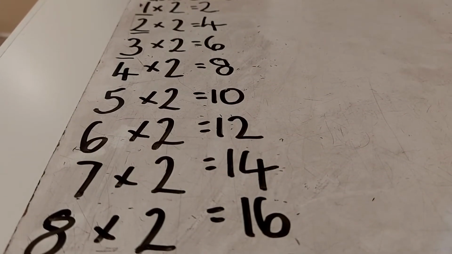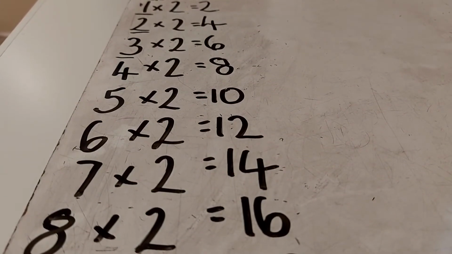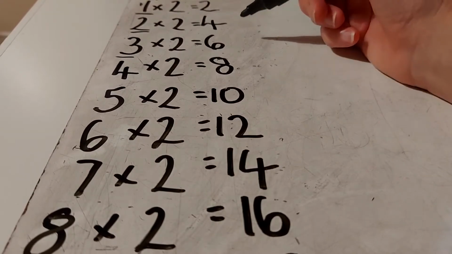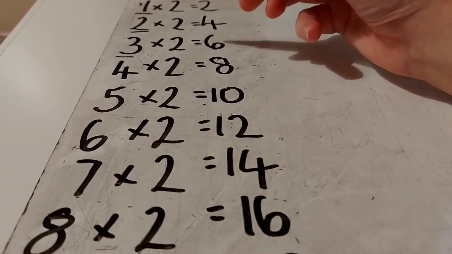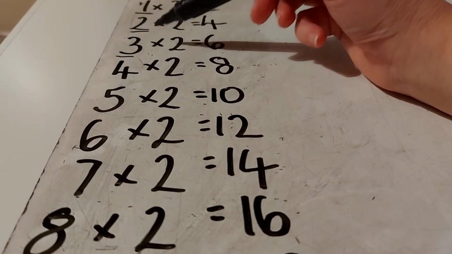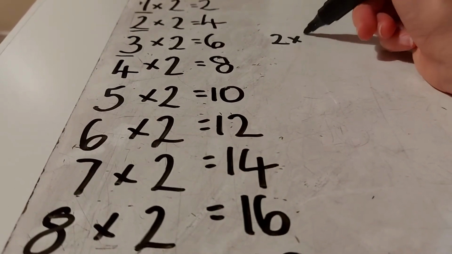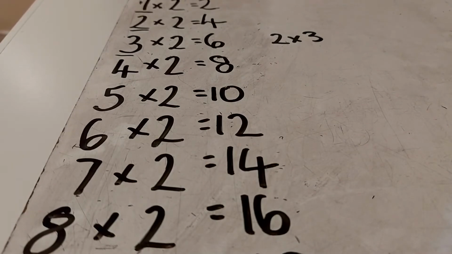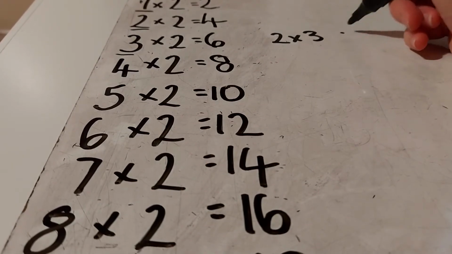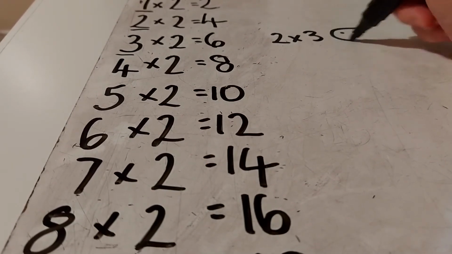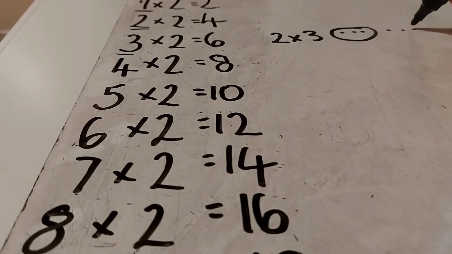Now you might be thinking, why does that work? Well, we could draw a picture to represent it. We know that it says 3 times 2, but if we write it a different way, 2 times 3, it means 2 lots of 3. So if we draw the dots, there's one lot of 3 and there's another lot of 3.